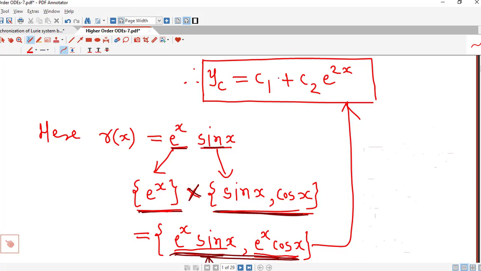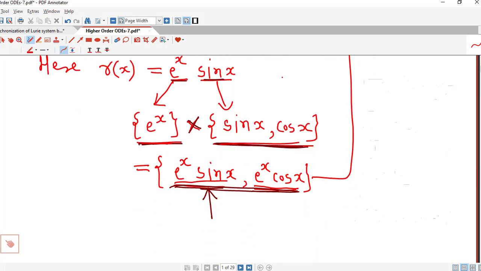Both are absent in the complementary function, so this is the valid family of derivatives for the choice of particular solution. So a linear combination of these two functions will be our choice for particular solution.